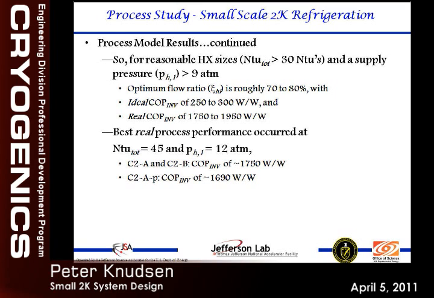The ideal COP inverse varies between 250 to 300 watts per watt, and the real COP inverse optimums are between 1750 and 1950. And the best real process performance occurred at 45 NTUs and 12 atmospheres, which was around 1800 watts per watt. So that's kind of what we're after out of this whole thing.